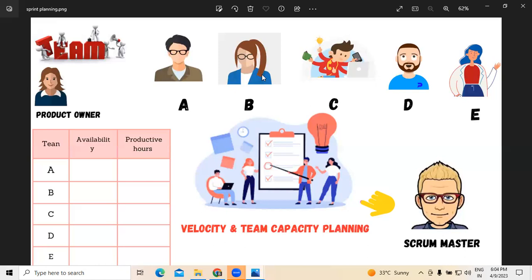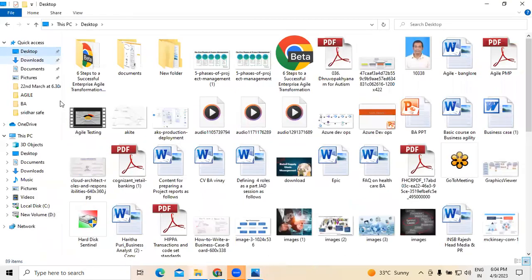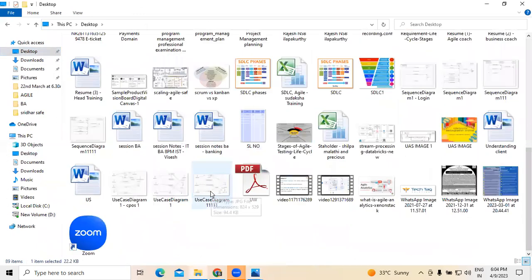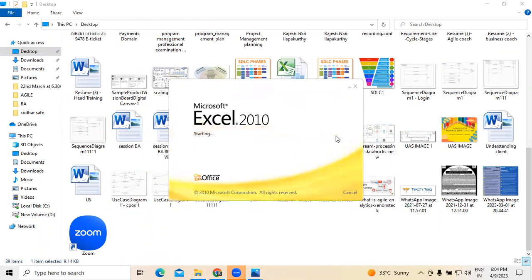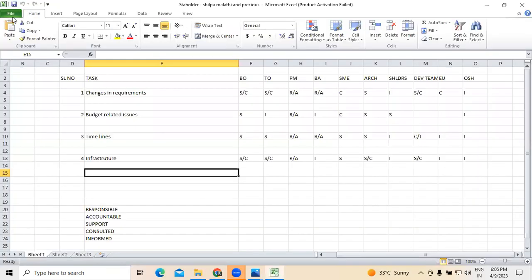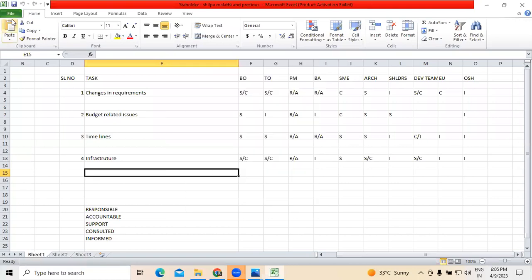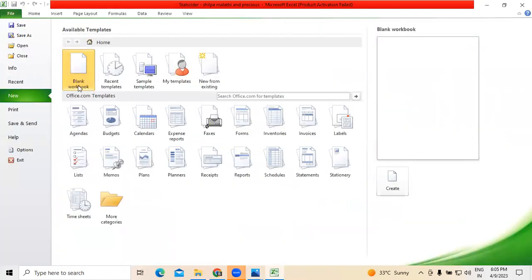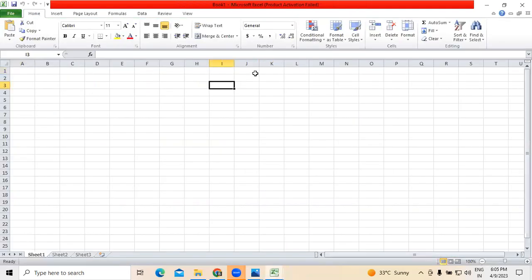Now I am going to explain this on an Excel sheet so that you will understand well. On an Excel sheet I will show you how generally this capacity planning will be done. Right, so how do we do capacity planning?